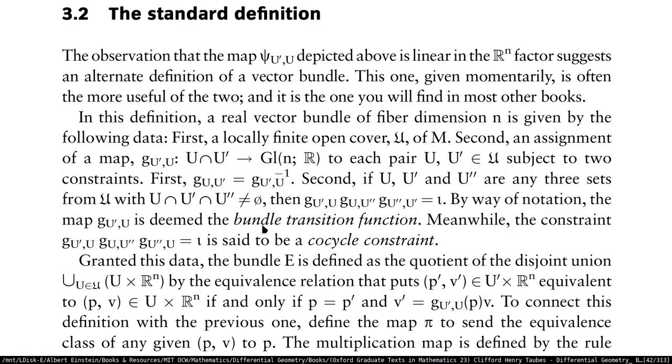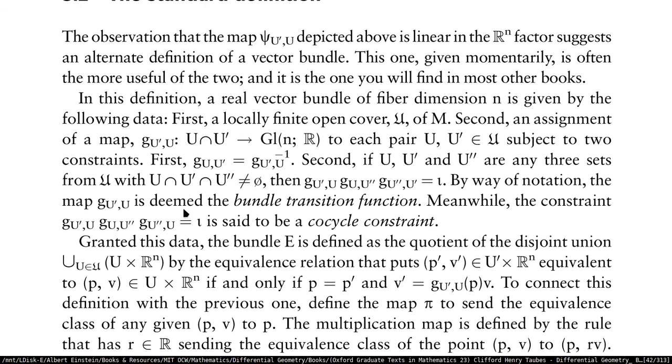So he says in this definition, a real vector bundle of fiber dimension n is given by the following data. First, a locally finite cover U of M. Then second, an assignment of a map g u prime u, which goes from U intersection U prime to GL n R, to each pair U and U prime in the curly U, subject to two constraints.